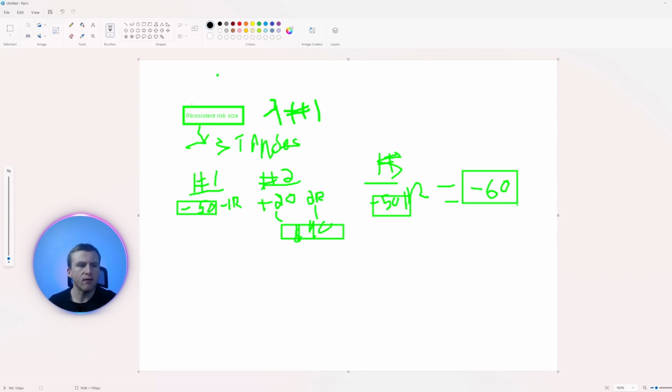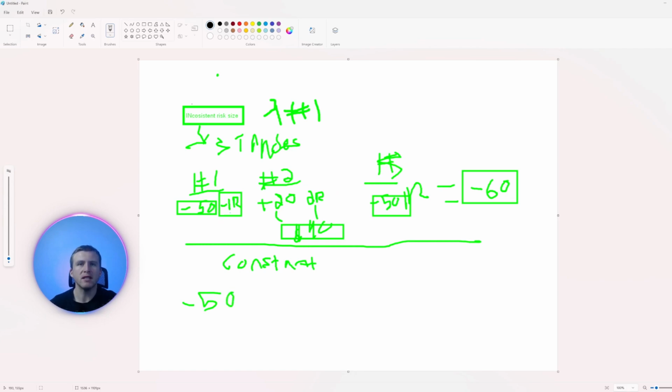Now, let's say you took these exact same 3 trades with consistent position sizing. So now we're going to be doing constant risk sizing. So we're risking the same amount per trade setup. This first one, if we lost 1R, we're still going to lose $50 because that's our risk amount.